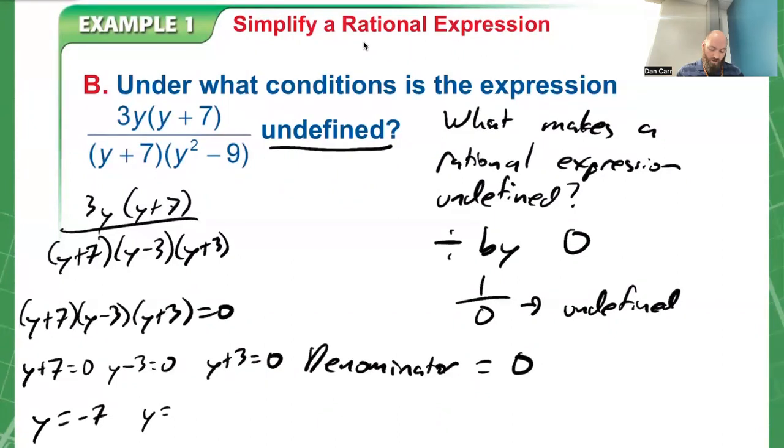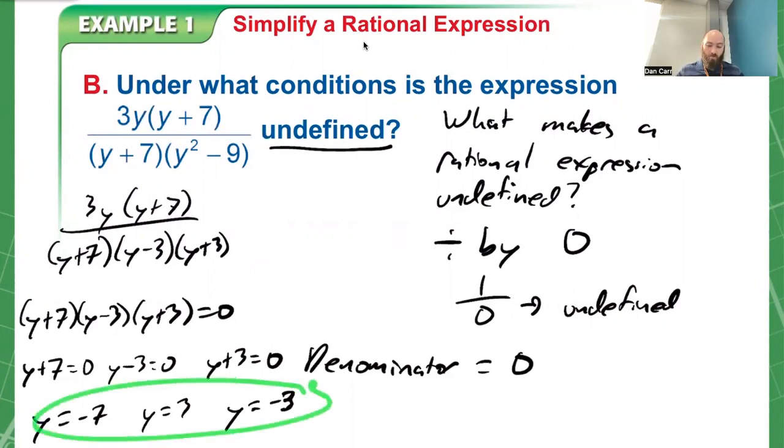Y equals -7, y equals 3, and y equals -3. We'll talk more about the idea of the domain restriction, but that's what's creating that here. These 3 numbers are limitations. They would cause the denominator to be 0. So that means that they are not part of any numbers we can consider in these expressions here.